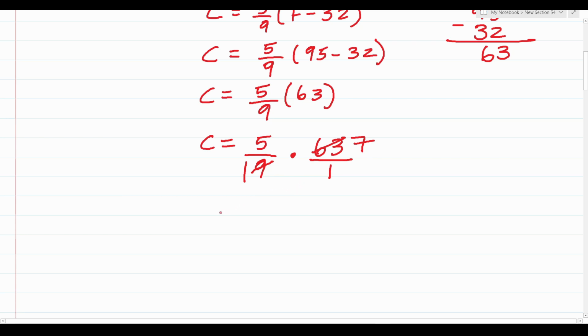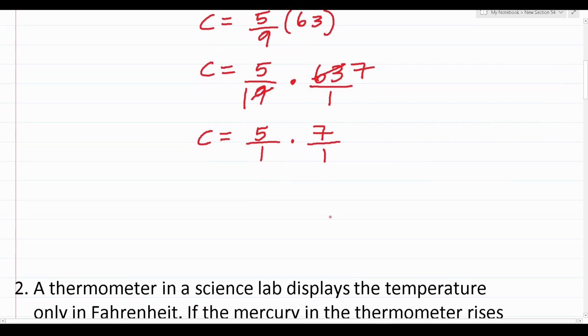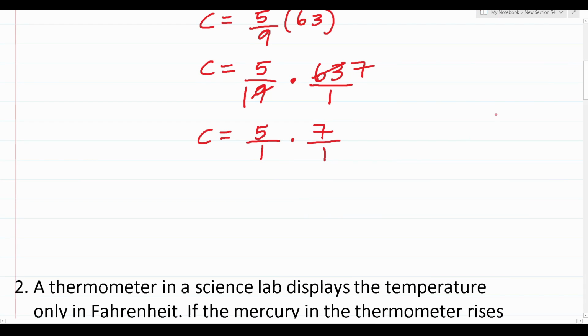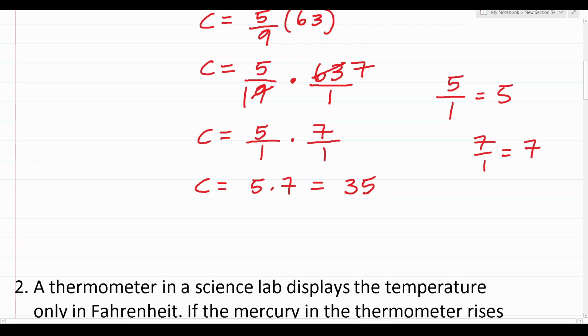Okay, so we reduce this one to be this. 5 over 1 times 7 over 1. And anything divided by 1 is itself. So 5 over 1 is just 5, and 7 over 1 is just 7. So we can actually rewrite this as 5 times 7. 5 times 7, we should know, is 35.